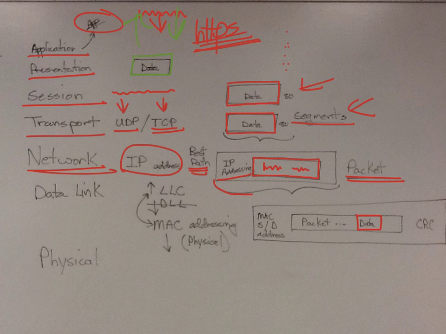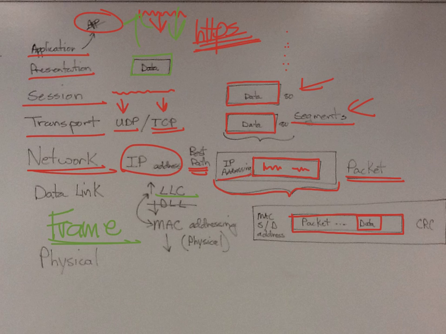And then all of this comes down in here. We have a packet. We have IP addressing, the actual data, and now we're going to make what we refer to as a frame using Ethernet. That's what we're talking about now, Ethernet, which is extremely popular.